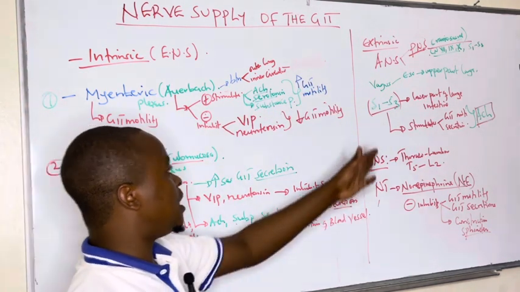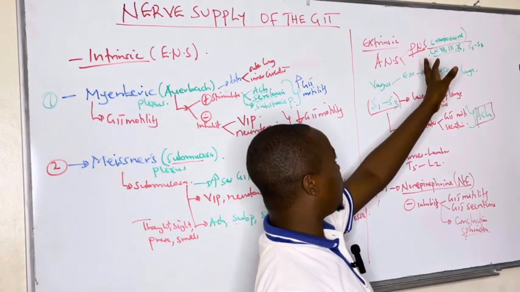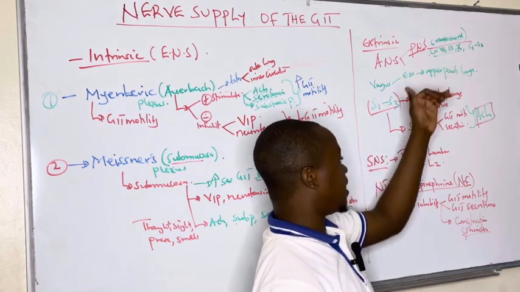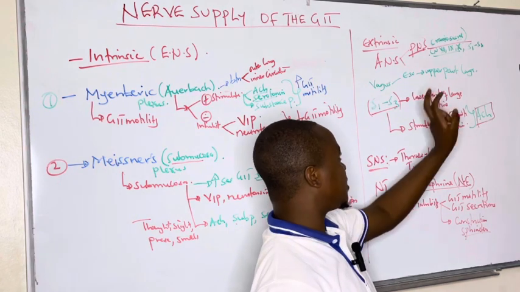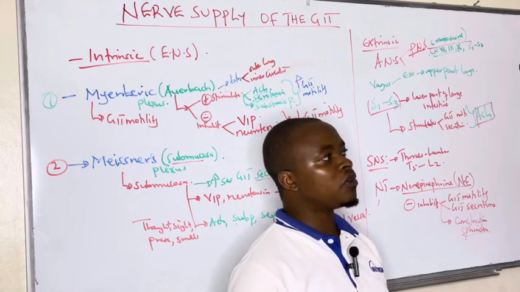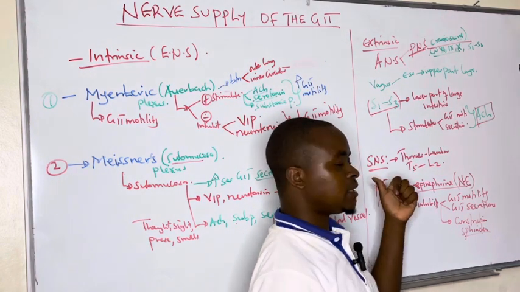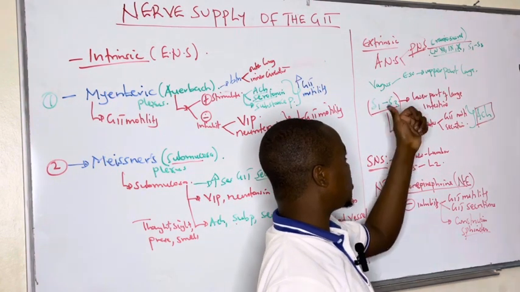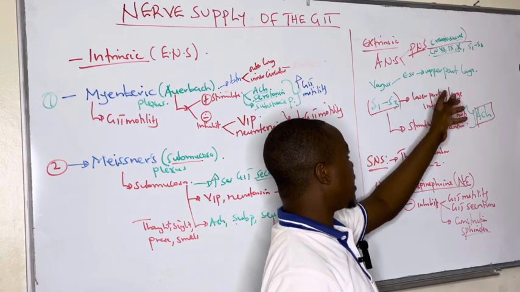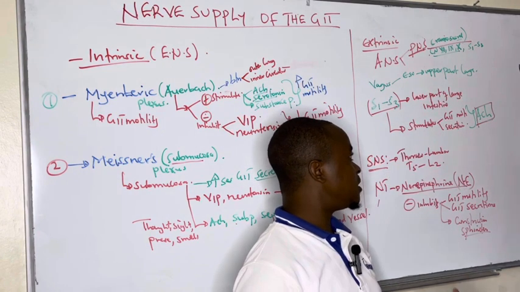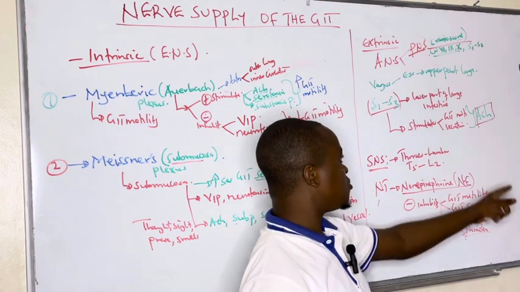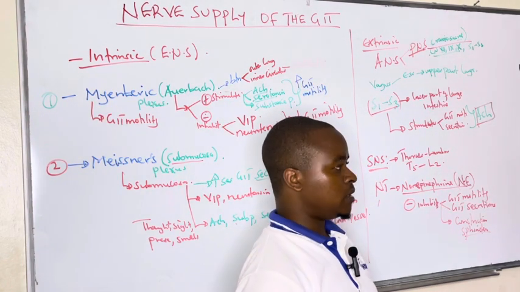Then in the extrinsic, we have the autonomic nervous system supplied by the parasympathetic and the sympathetic. Parasympathetic is craniosacral, whereas sympathetic is thoracolumbar. The impulses transmitted by the parasympathetic are responsible for stimulating GIT motility and secretion using the neurotransmitter acetylcholine.